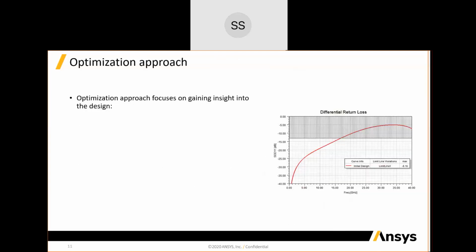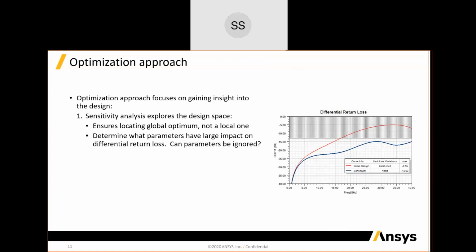Of course, there are many different approaches that we can take when we want to optimize a design. And what we're doing here in optiSLang is focusing on gaining the most insight into the design. So it's not just a blind black box optimization where we're throwing in the design and hoping for the optimizer to return the best possible design for us. We're actually going to take a few steps in this optimization approach, starting off with a sensitivity analysis.